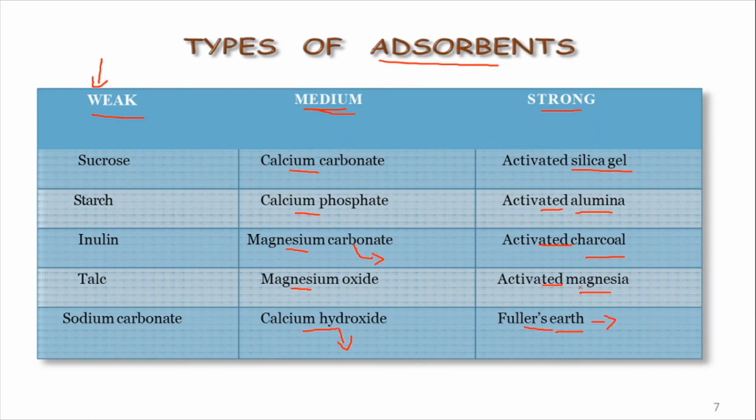Activated magnesia is magnesium chloride. Charcoal, very well known, and calcium oxyhydroxide. This is alumina, Al2O3, the famous stationary phase we use for separation of some biomolecules.